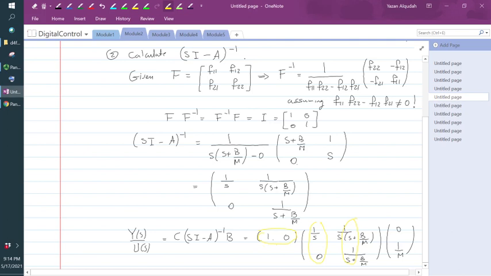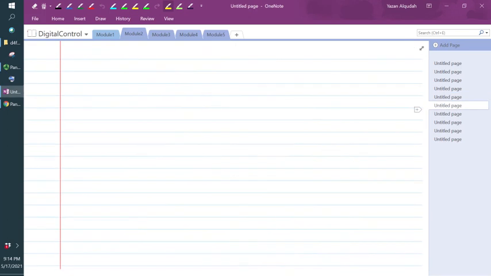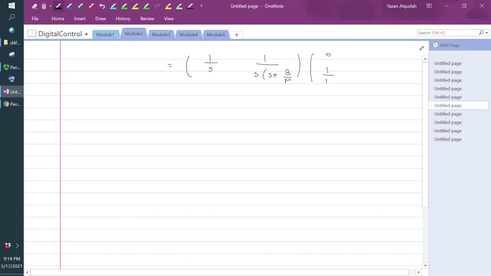So if I multiply these, continuing on the next page, I'm going to get 1 over s and 1 over s(s plus b over m), multiplied by [0; 1 over m].